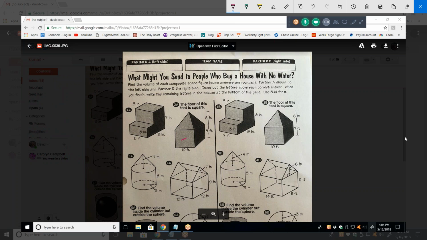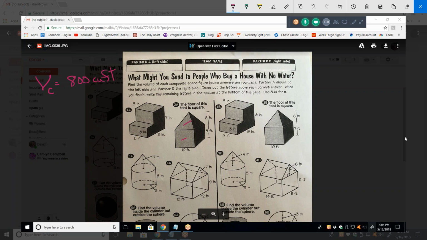The floor of this tent is a square. So we're going to do the volume of the cube. What three dimensions is that going to be? 10, 10, and 8. So that's 800. And that is cubic feet.